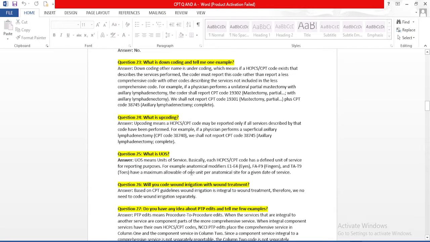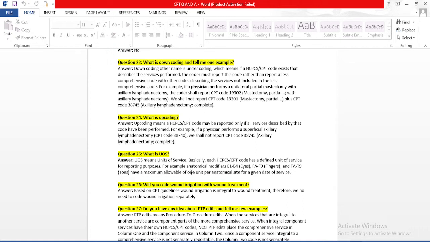So what is downcoding? And tell me one example. Downcoding, another name for undercoding, means if a CPT code exists that describes the services performed, the coder must report this code rather than reporting a less comprehensive code with other codes describing the services not included in the less comprehensive code. We have an example here.